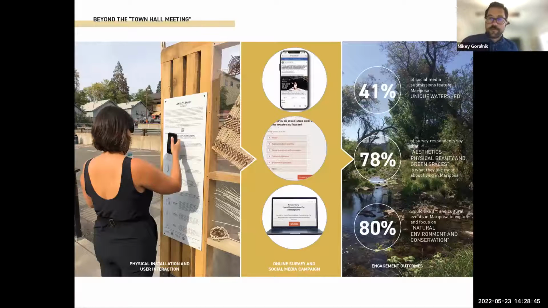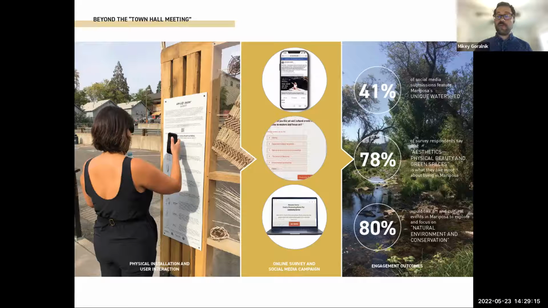Yeah, so those three pieces: the Olama installation, which centered local indigenous basket making practices, and Seed Share, which equipped people with native seeds for native plants found in the creek corridor, linked to this online survey, which allowed us to ask questions and collect information about people's priorities and preferences related to creative placemaking.